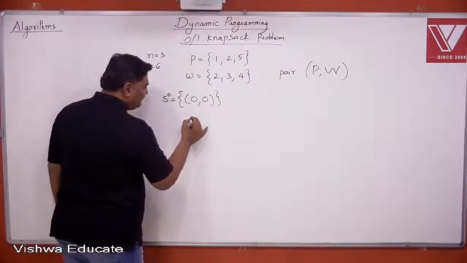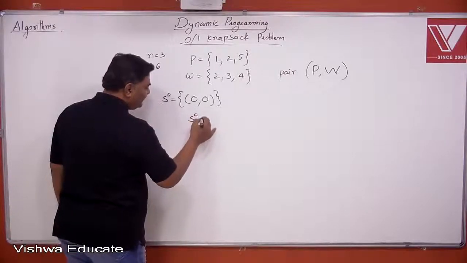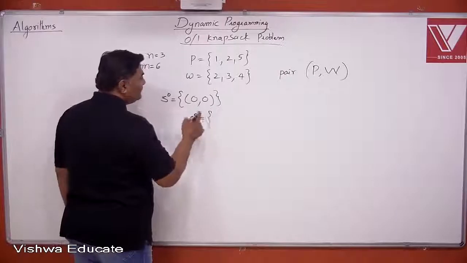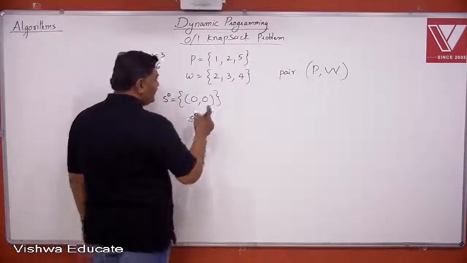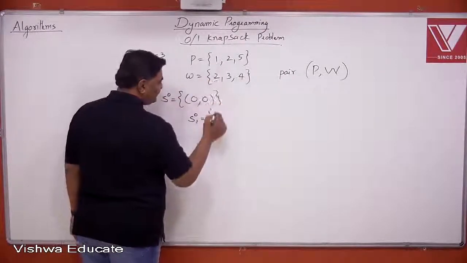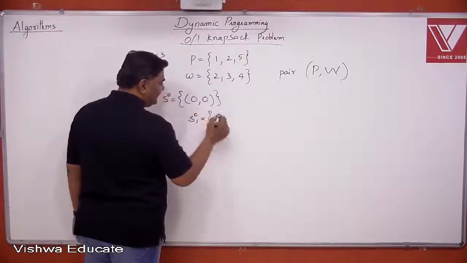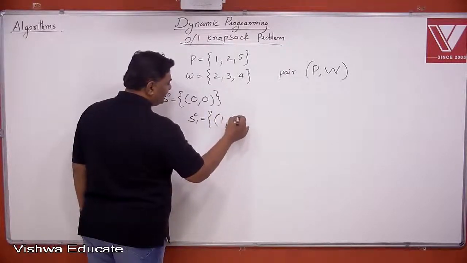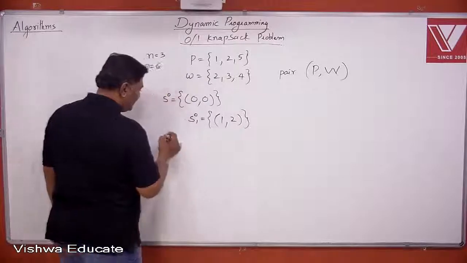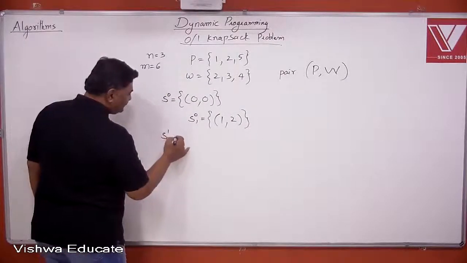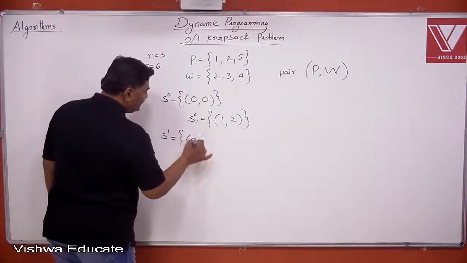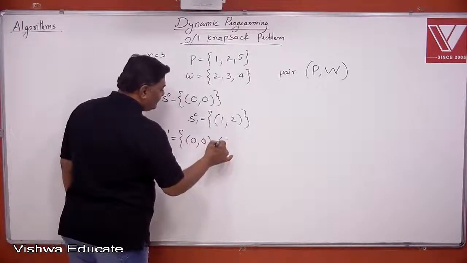Then I will prepare one set S01, in which I include the first object. When I include the first object, profit is 1, weight is 2, so we add it to this one. So 1 and 2. This is the ordered pair I got. Then the next set, S1, will have 0, 0 and 1, 2.